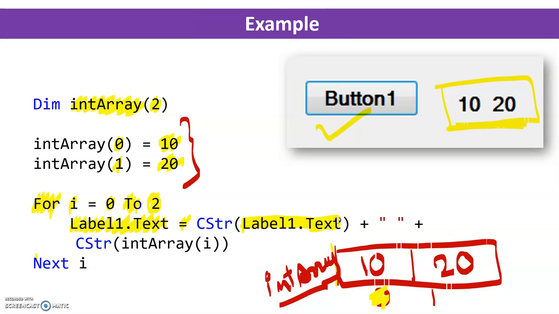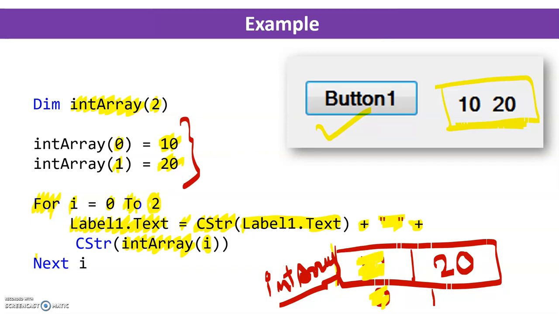So at the very first time it will be blank, but always convert it into a string. Okay, then the equal to sign, okay, plus you will use for the concatenation, and then int array of I. Okay, what is there? First is 10, right?